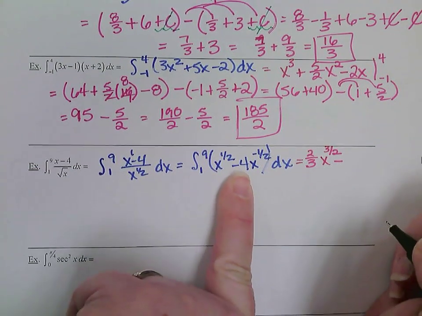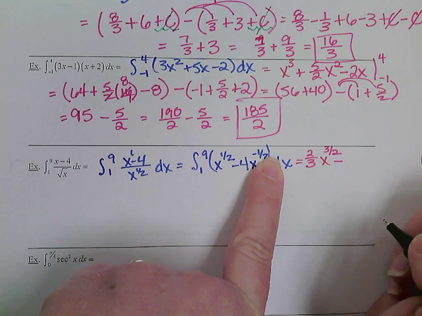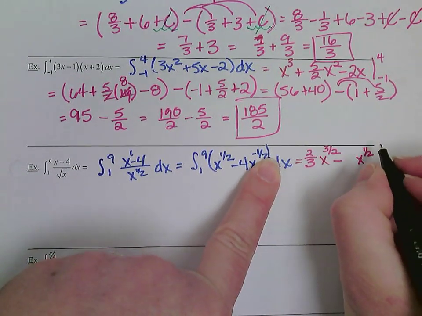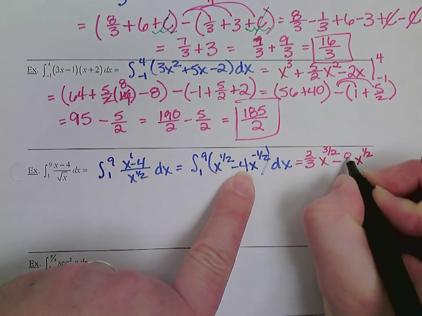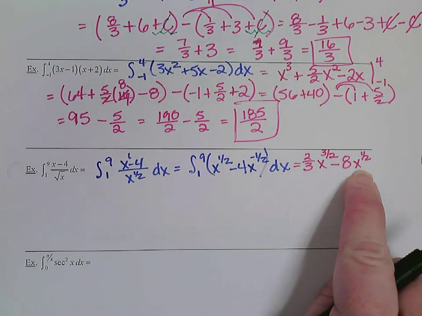The antiderivative of x to the negative 1/2 would be x to the positive 1/2 divided by 1/2 or times 2. We already have the 4 there, so then we would end up with 8. So we have the 4 times 2 that gave us that 8. We okay with that?